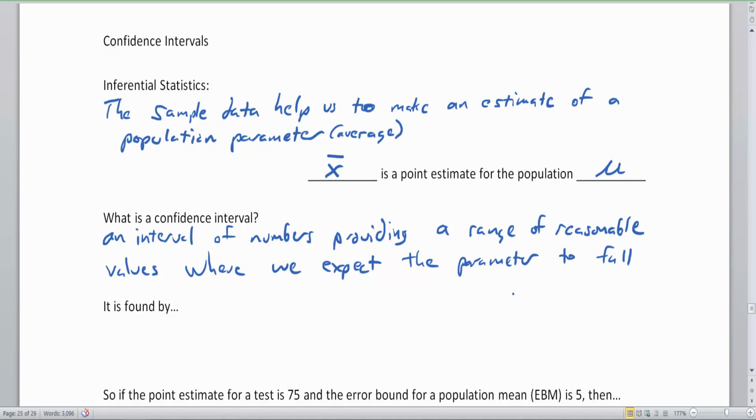Now, obviously, he's guessing that parameter based on his sample data, which is basically him or her looking at the price of what it would cost to repair that vehicle. And then he or she is giving that upper and lower bound. Now, to find this confidence interval, we are going to take the average of our sample group.